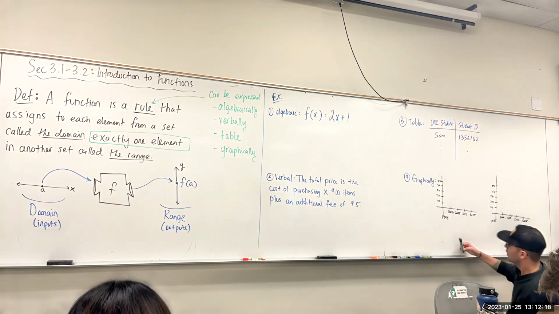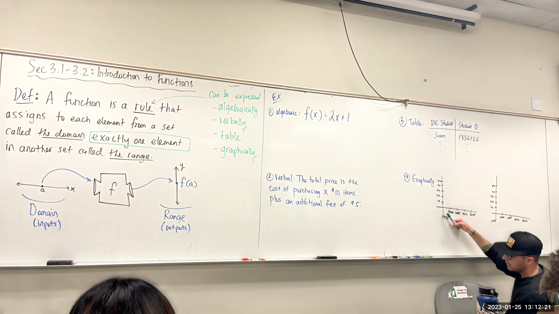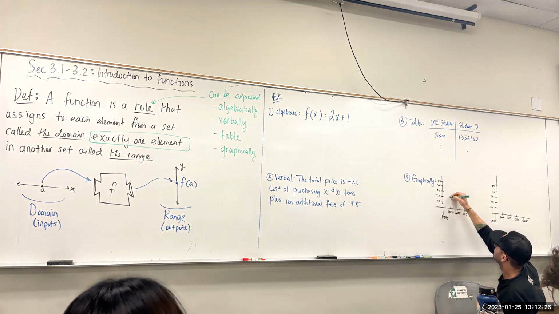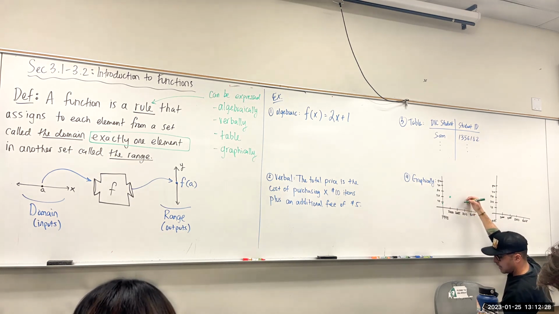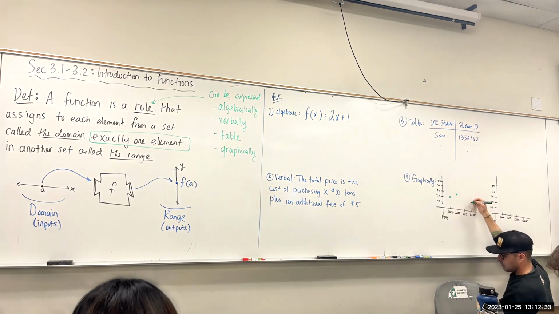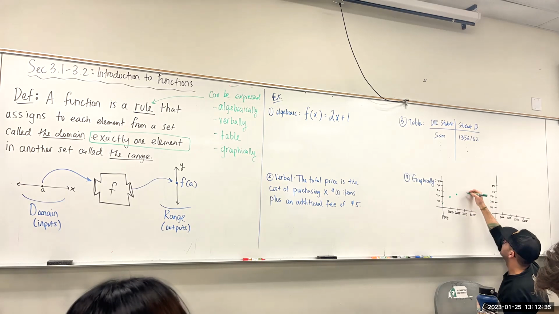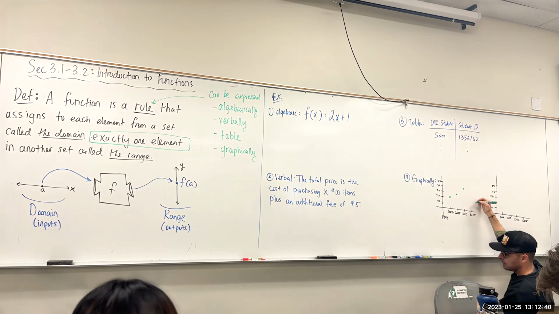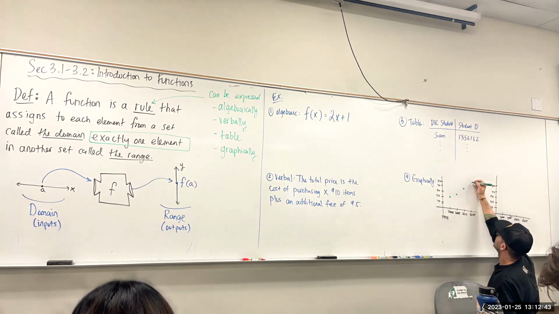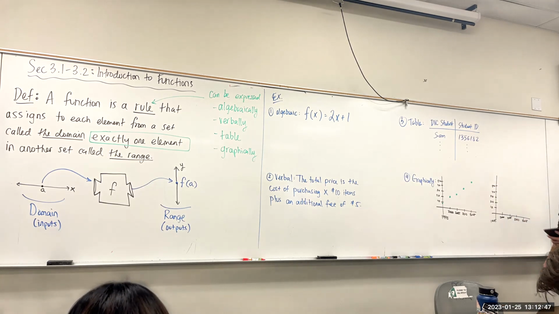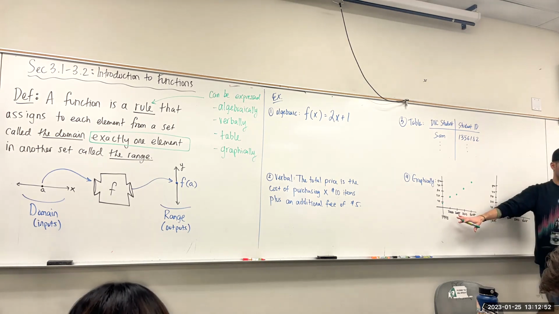Okay, so we have a point above 1995, very close to 10. At 2000, let's put 20. At 2005, let's put about 25, halfway. At 2010, let's put 35, about halfway. At 2015, let's put 50. And that's the graph, it's just points.